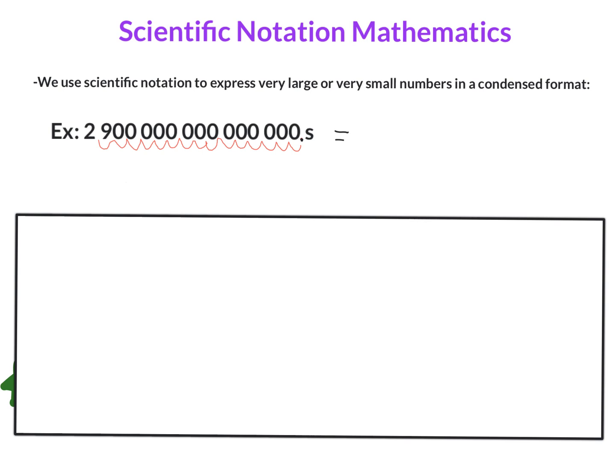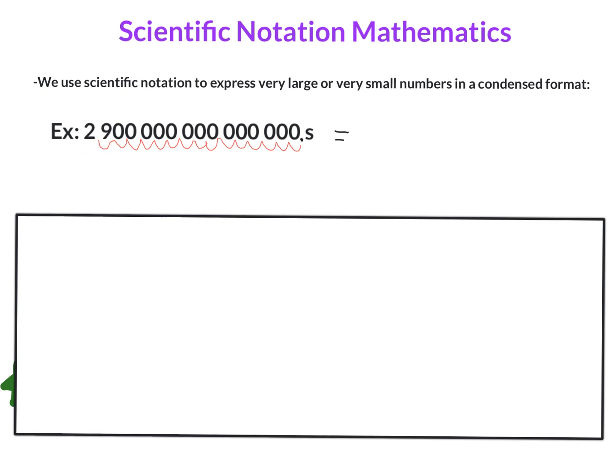So what do I mean by that? Well, I want to look and see that this 2 is the first non-zero number in the entire number, right? And so I want that decimal point to be just to the right of that first non-zero number.